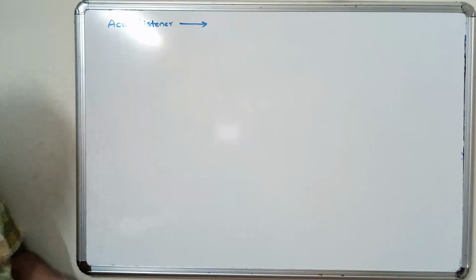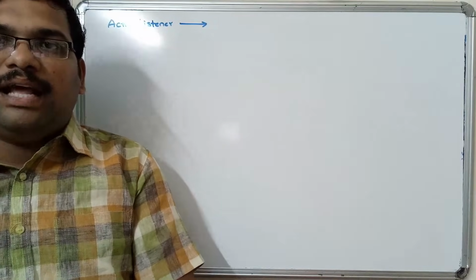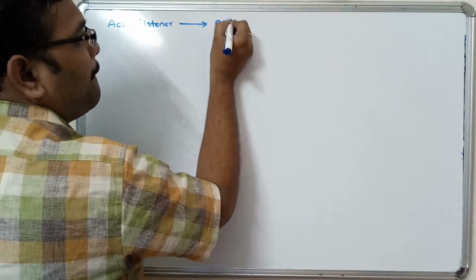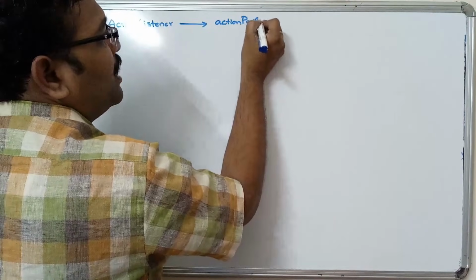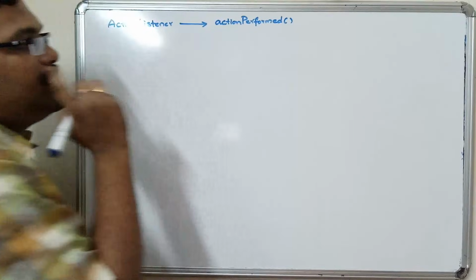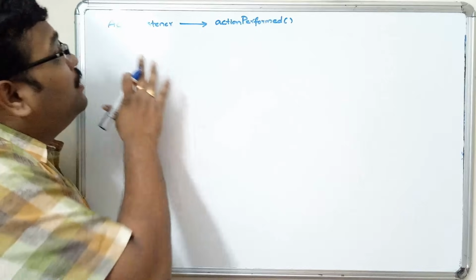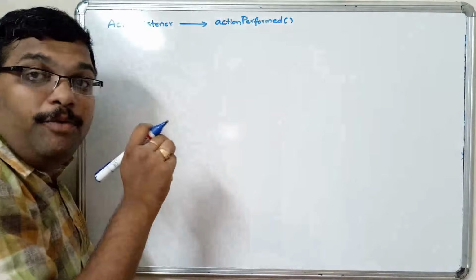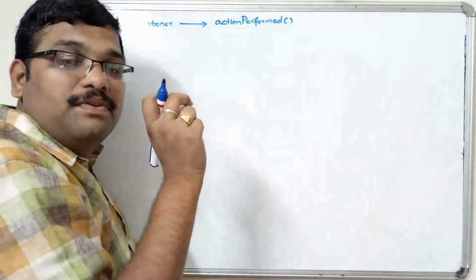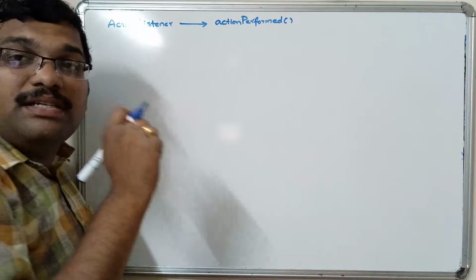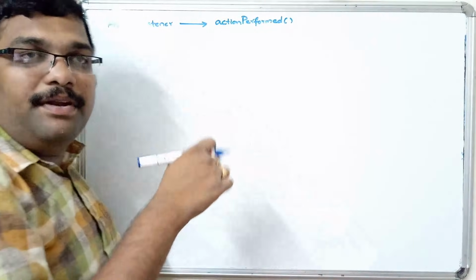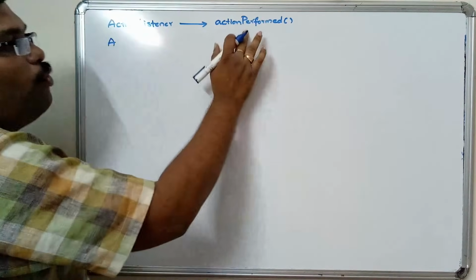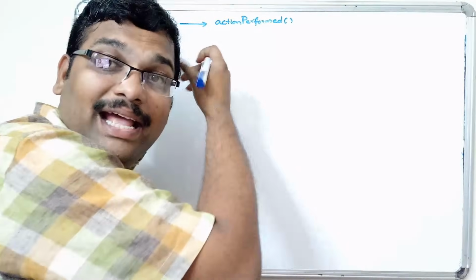In this interface there is only one method available, called actionPerformed. Just recall the naming conventions. It is an interface and it is the method. While giving a name to the method, the first character of the first word should be small and the first character of the following words should be capital. So a small and P capital.